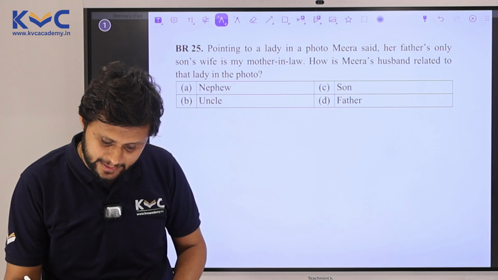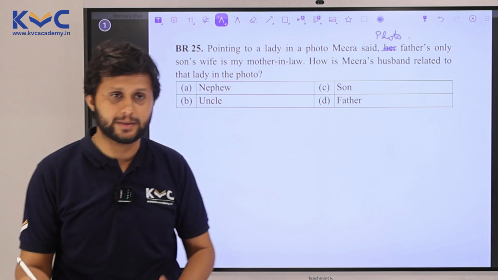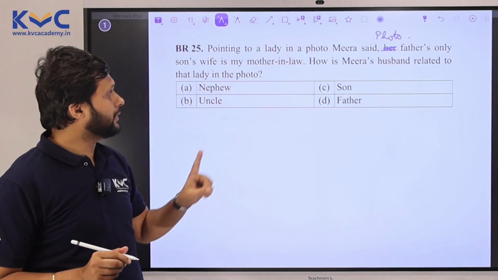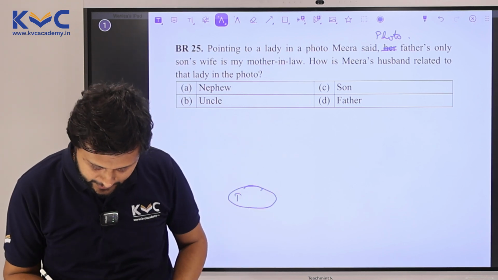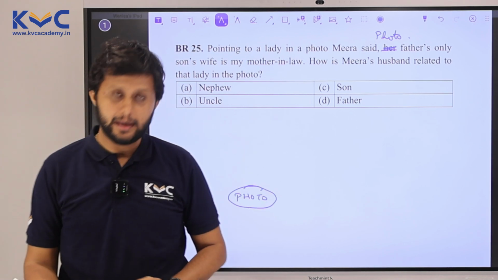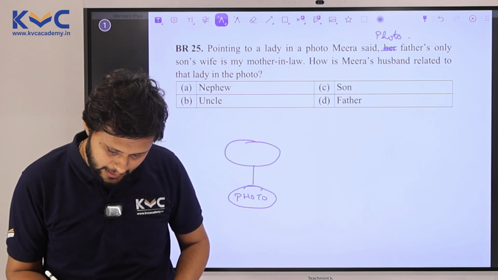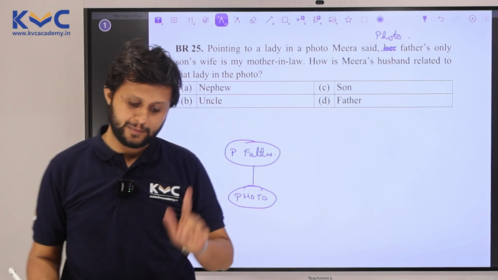Whose father's? Photo's father, not Meera's. Clearly see this. Pointing to the lady in the photo. Meera said, her father's. So we have a photo. Okay, this person is the lady in the photo. Photo's father. I will call it P's father. Okay, P's father, photo's father.